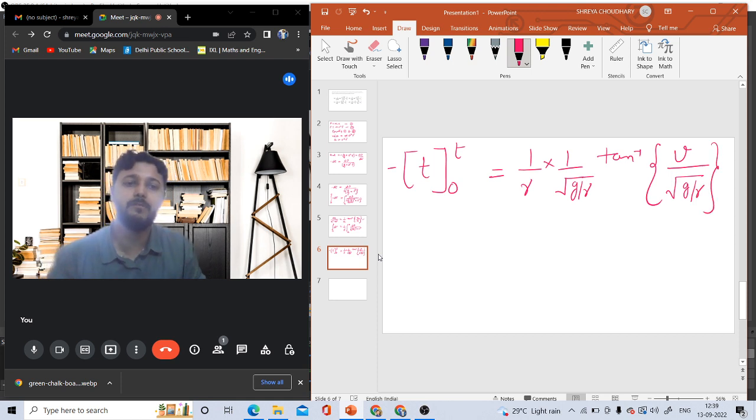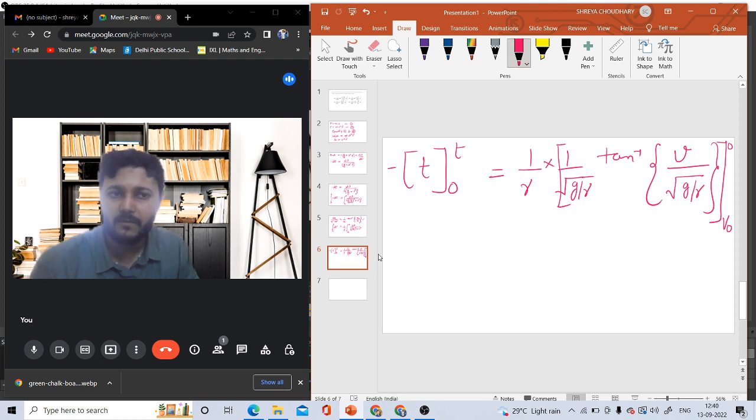This is the value we will have. Now let's keep it inside big brackets, from v naught to 0. When we put 0 in place of the variable, v, all the part will be equal to 0, obviously.